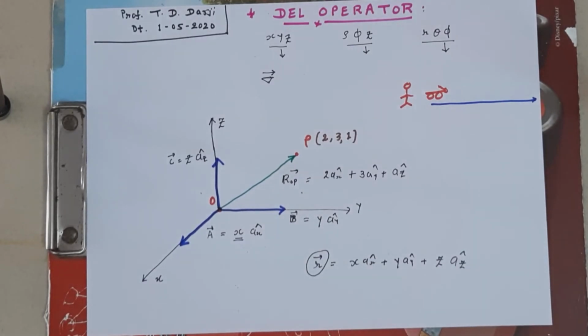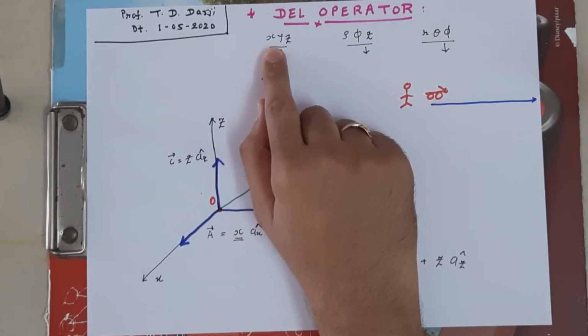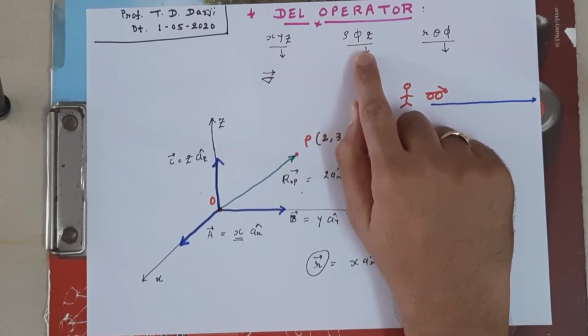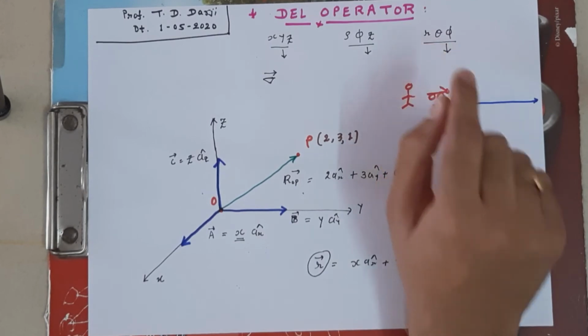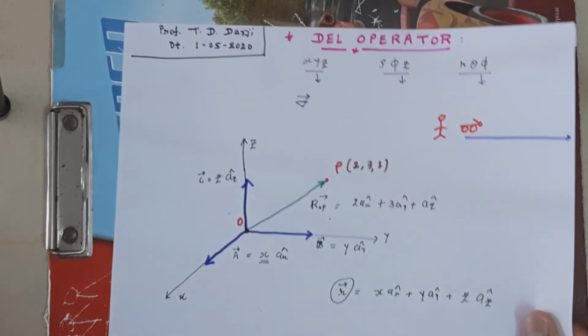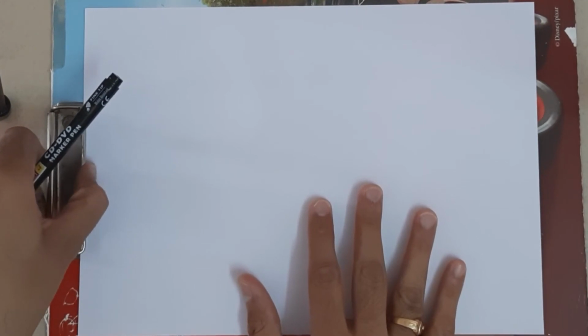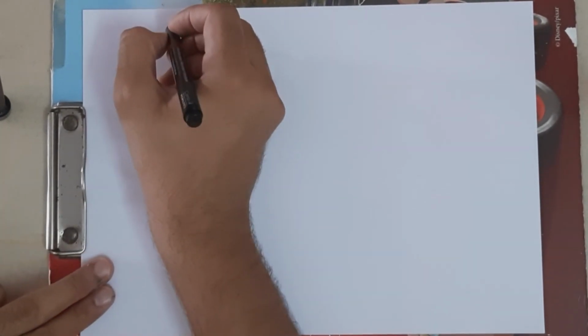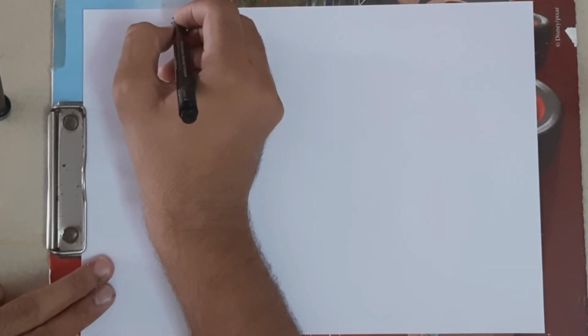Now I have to write the del operator in the Cartesian coordinate system. You can also write it in cylindrical and spherical coordinate systems, but first I write it in Cartesian. This symbol is the symbol of the del operator. Now how much amount of the quantity is changed?